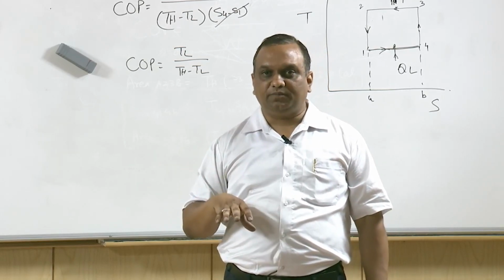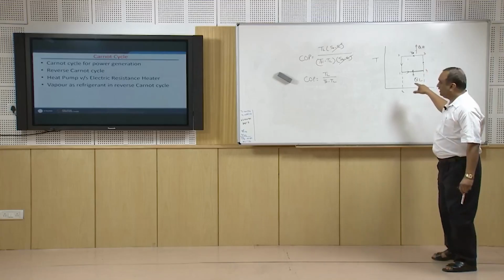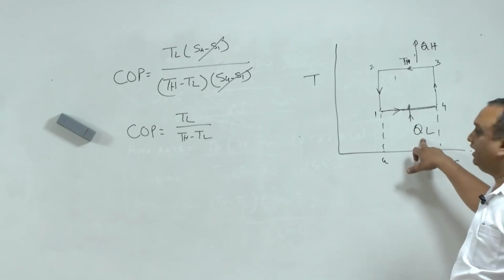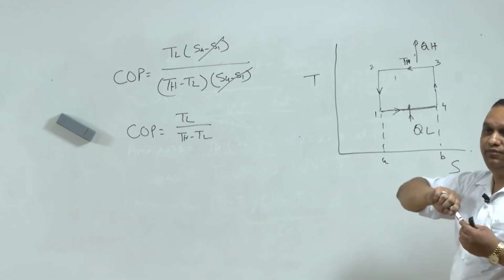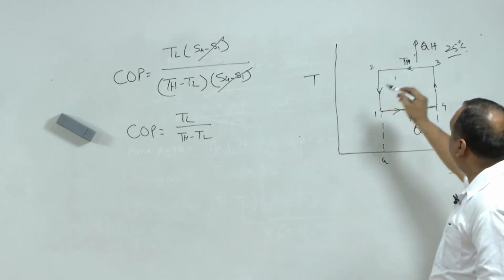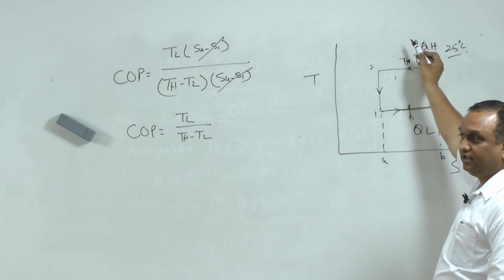I can use a heat pump, which in this case works on a reverse Carnot cycle. It will take heat from the surroundings at the lower temperature of 10 degrees centigrade and pump heat to the room, which is at 25 degrees centigrade. So, our heat transfer of concern becomes this, right.